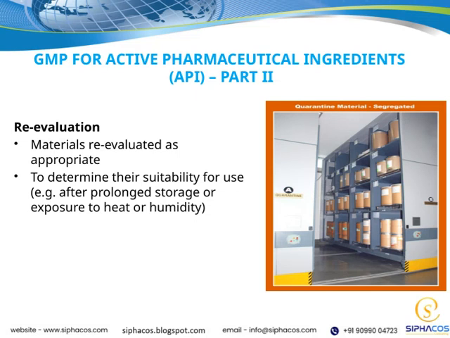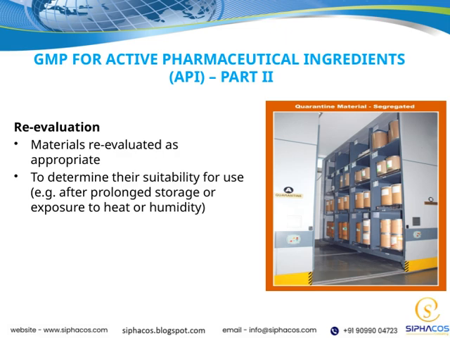Let's talk about reevaluation. This step involves checking materials again to see if they're still suitable for use. It's especially important after materials have been stored for a long time or exposed to challenging conditions like heat or humidity. These factors can affect the quality and integrity of the materials, so reevaluation helps ensure they still meet the necessary standards.